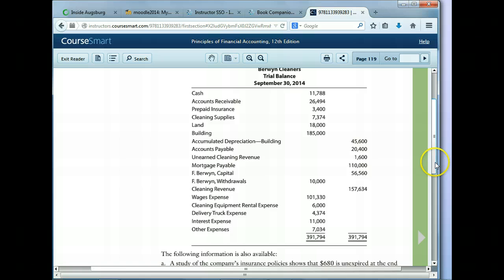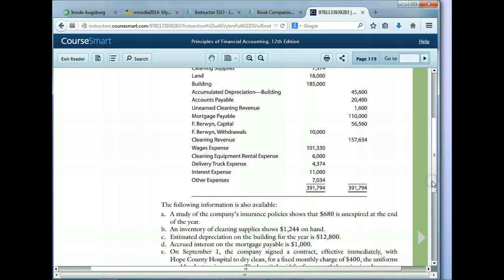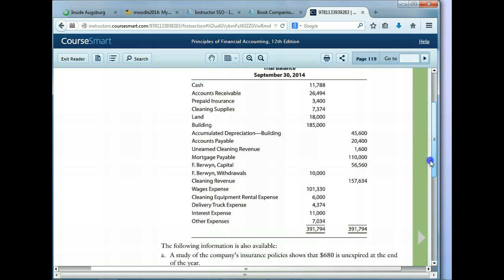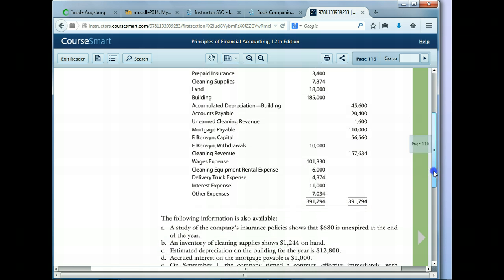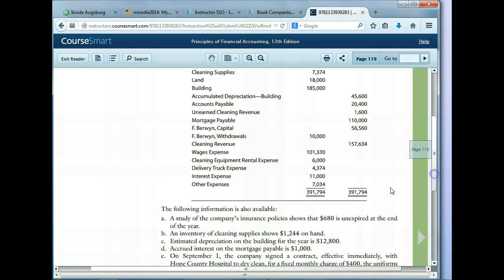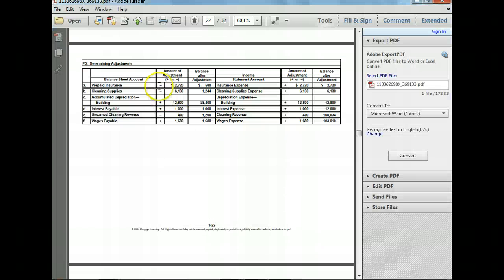The next one it asks us is an inventory of cleaning supplies, which shows $1,244 on hand. If we go up to cleaning supplies, it shows a balance prior to these adjustments of $7,374. And we only want to show a balance of $1,244. So our asset of cleaning supplies needs to be $1,244 after the adjustment.